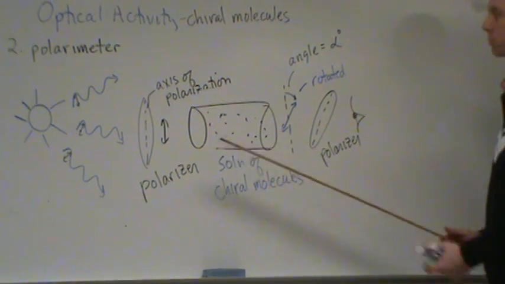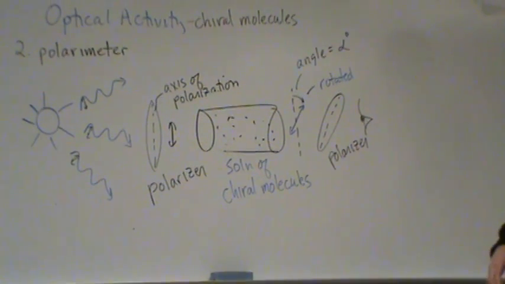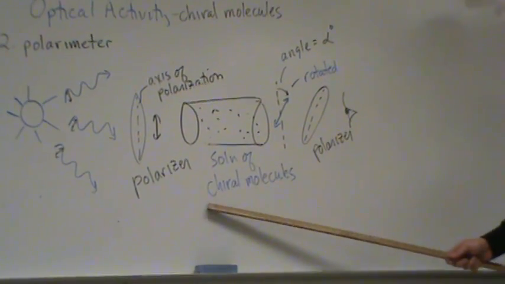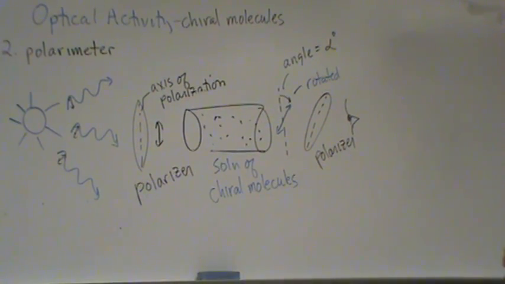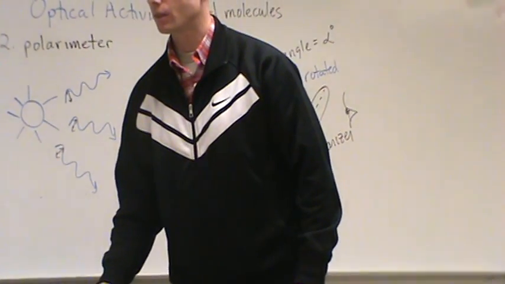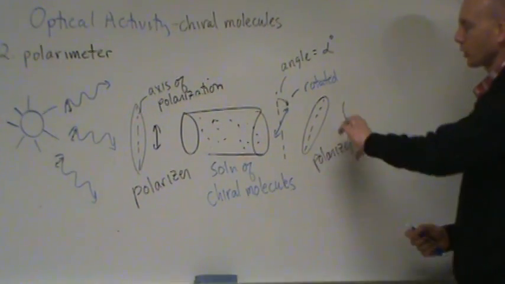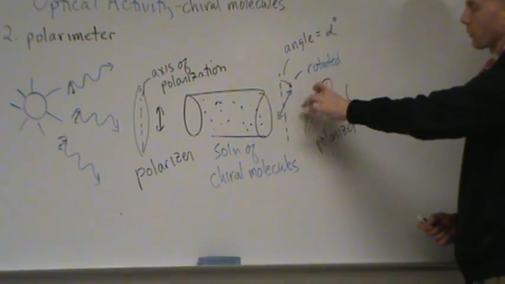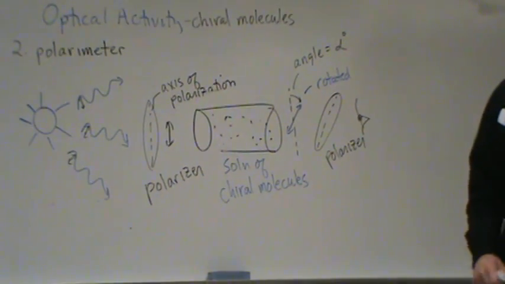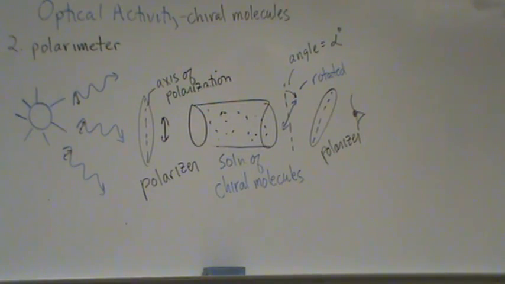But if it rotates plane polarized light, I'll see some light. Then I would know that I had a solution of chiral molecules. And what we do with this polarizer is we can rotate it to figure out what that alpha was that it rotated.